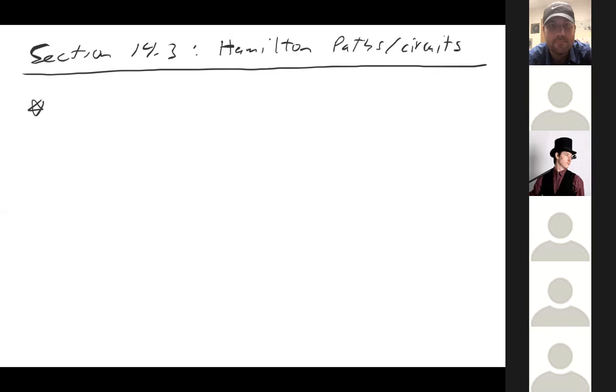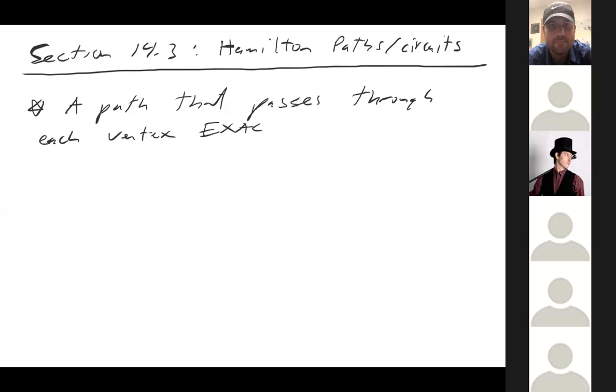A Hamilton path that passes through each vertex exactly once is a Hamilton path.